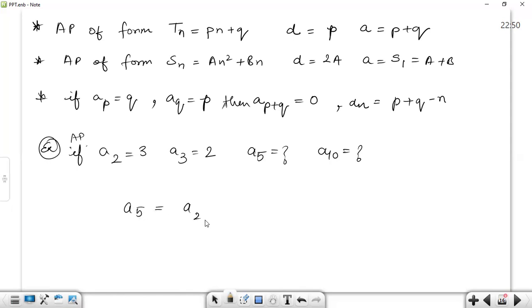A5 is 2 plus 3, right? So the p plus qth term will be 0. A5, the fifth term is 0. Clear. Now the nth term can be written as p plus q minus n. p plus q is 2 plus 3, minus n, which is 10 here. So its answer is minus 5. Clear? Any doubts? No, sir.